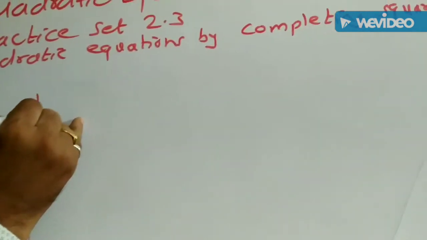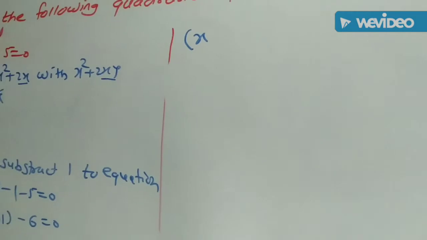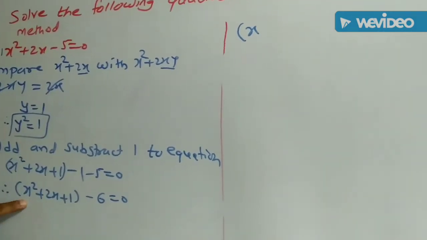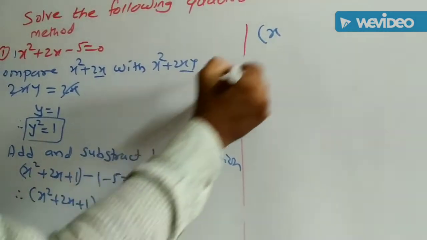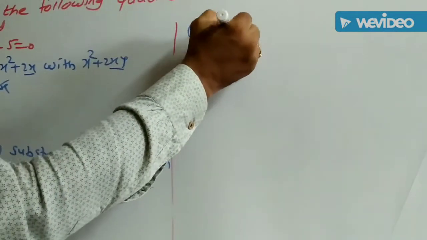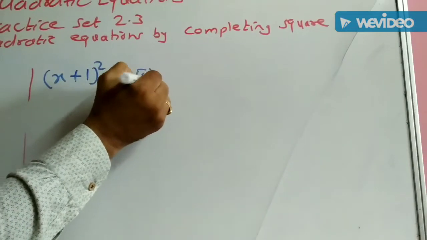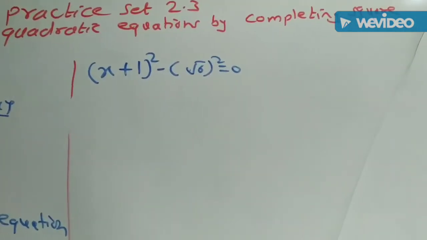Now it is the square of a bracket. Firstly write the square root of the first term, that is x, the sign of the middle term, that is plus, the square root of the third term, that is 1, bracket square. 6 is the square of root of 6, therefore (root of 6) bracket square.